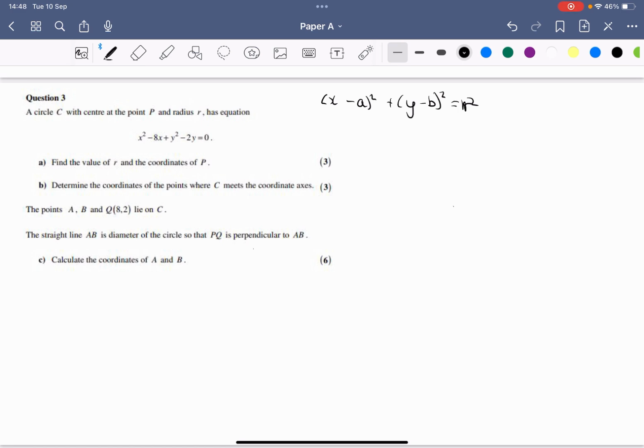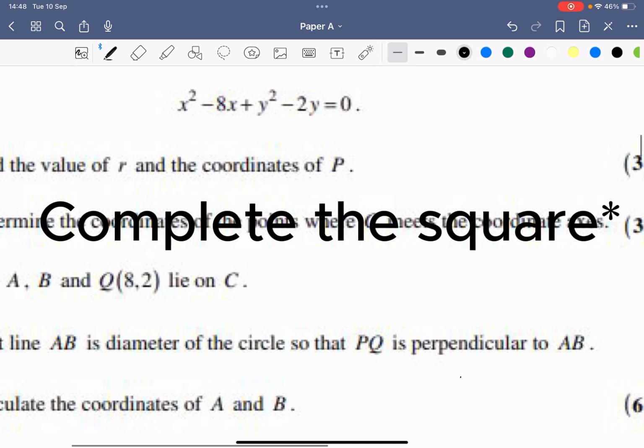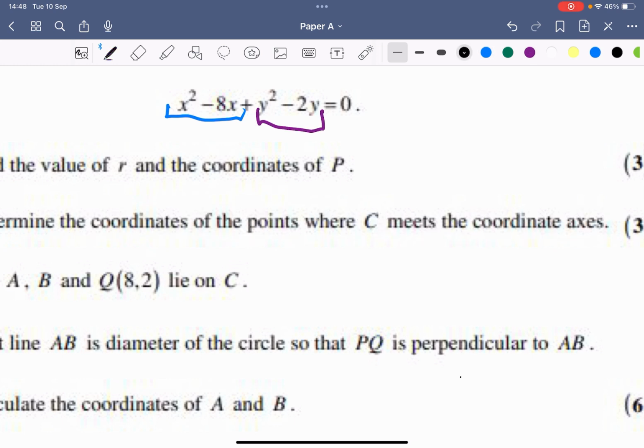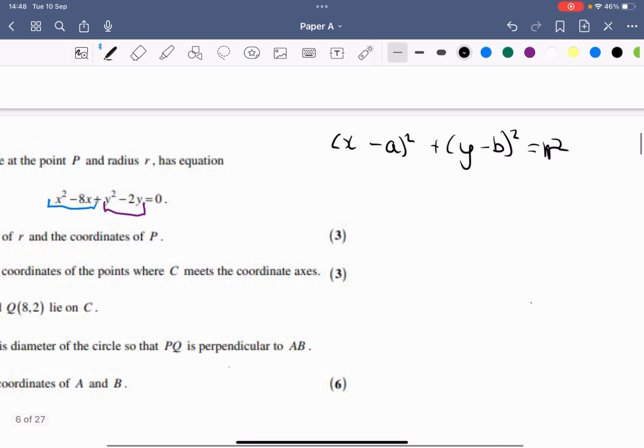Now to get into this form, all we need to do is complete the square for the x's and complete the square for the y's. Okay, so if we start on the x's first, completing the square on x squared minus 8x, we get (x minus 4) squared minus 16 plus, and I'm going to do the y bits, so we get (y minus 1) squared minus 1, and this all equals 0.